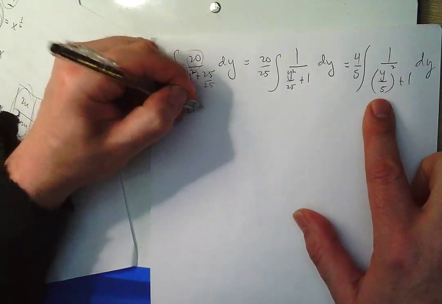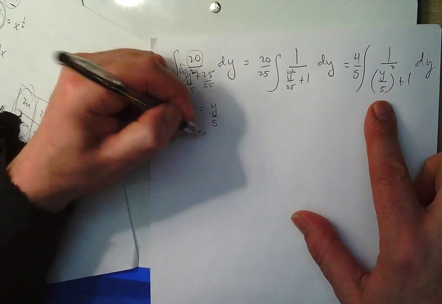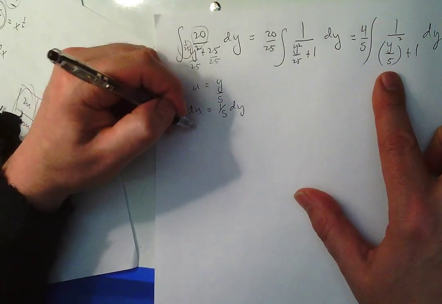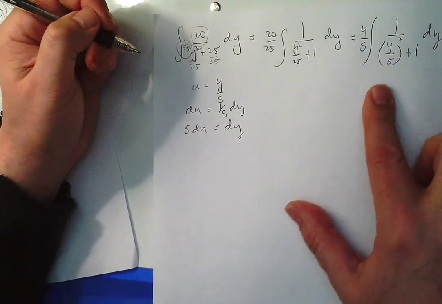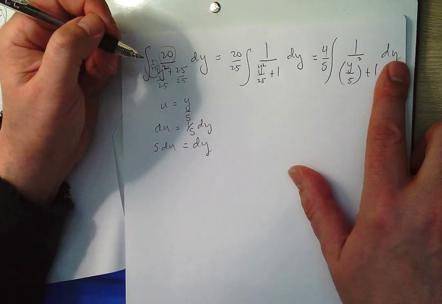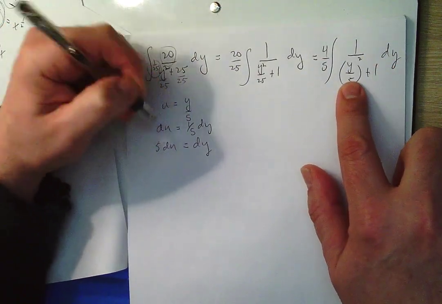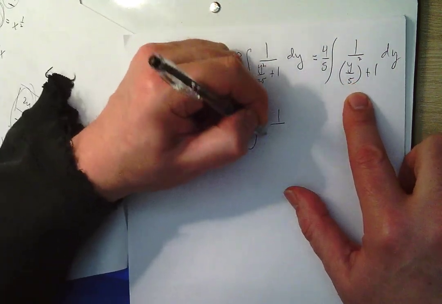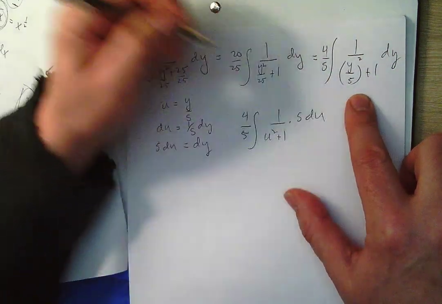That's how I know that my u is y over 5 and du equals 1/5 dy, or 5 du equals dy. So I can replace my dy with 5 du, and I can replace this with u. That's going to give me this integral, 1 over u squared plus 1 times 5 du.